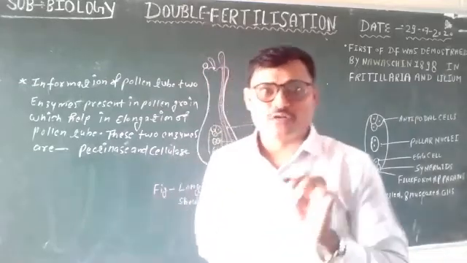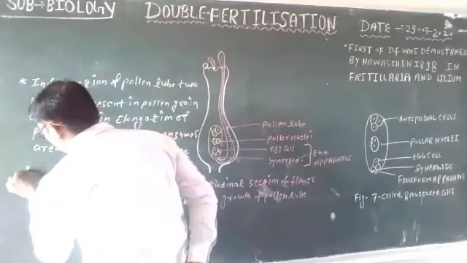What is the role of the filiform apparatus? The next point you can mention here: the filiform apparatus releases chemotropic substances which attract the pollen tube towards the synergids. This is very important.